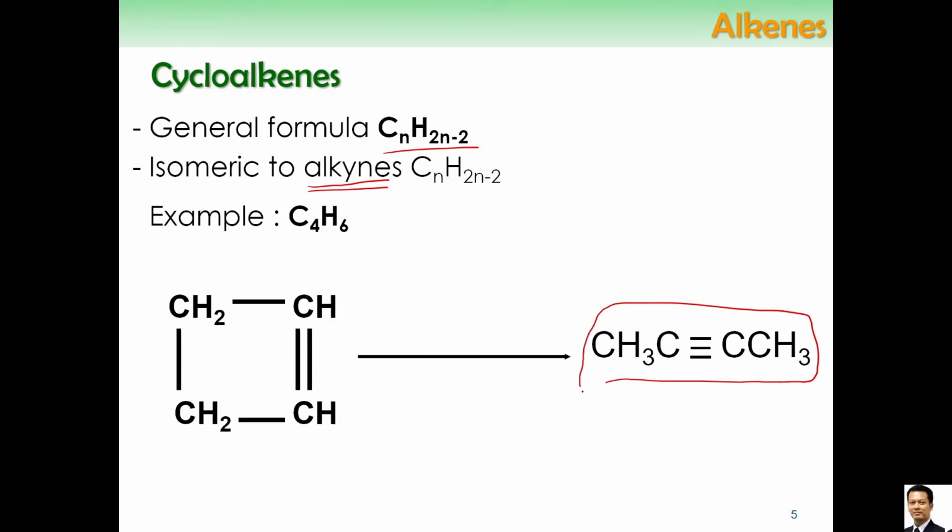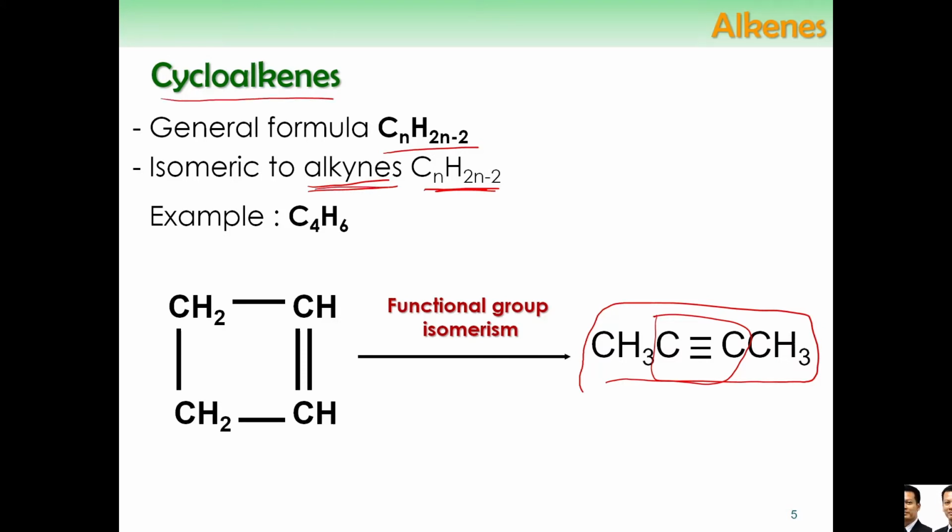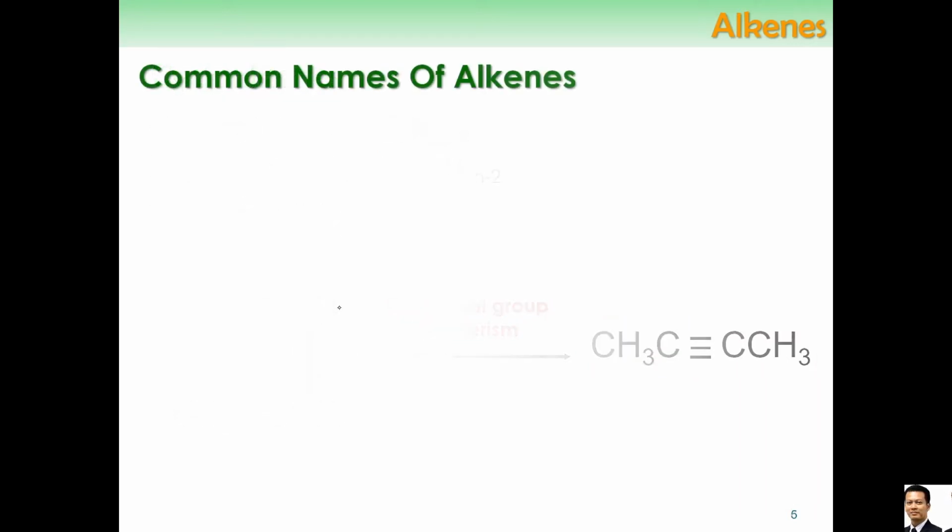Okay, this is the alkyne. You can see that there is a triple bond, with the same general formula. And these two, it means that cycloalkenes are isomeric with alkynes. Functional group isomerism.